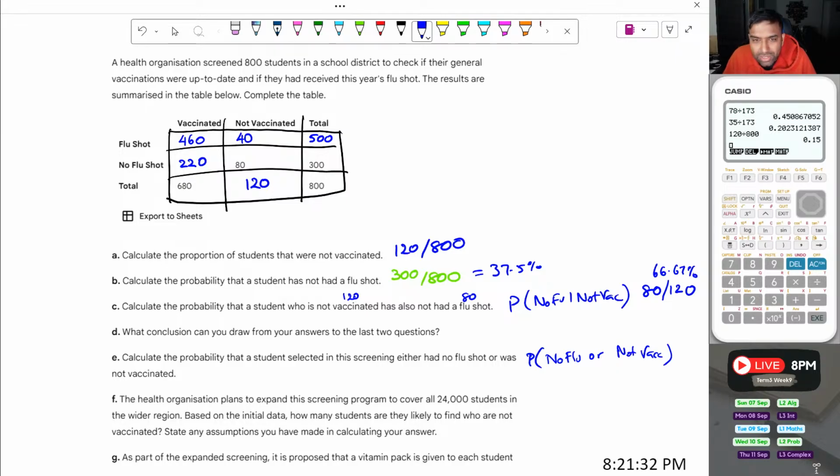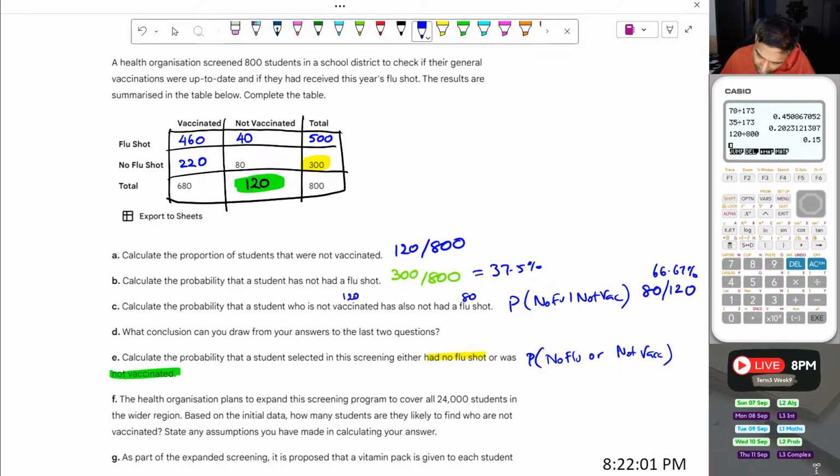Yeah, 42.5, that's right. So let's have a look at this question, because it says they either had no flu shot. So that's going to be 300, right? Then you look at not vaccinated. That's actually 120. But the problem is, if you add those two, you've actually got 80 people that you're going to be adding twice.